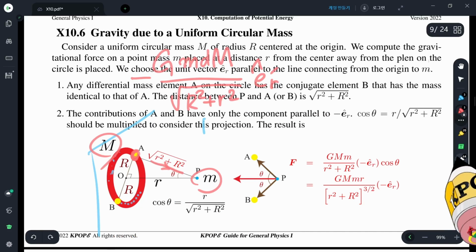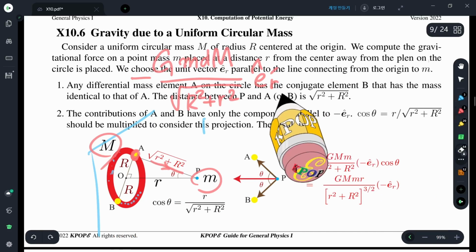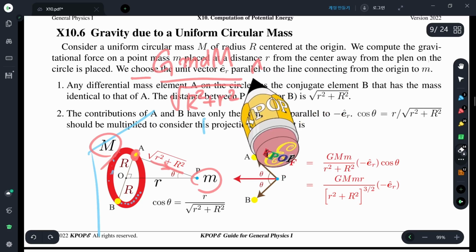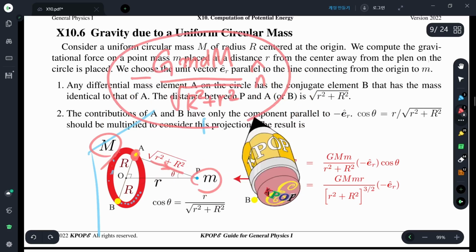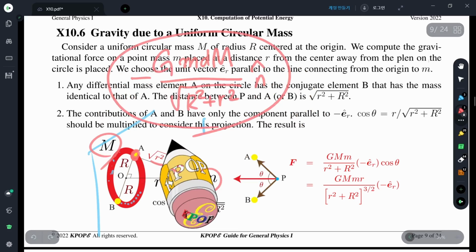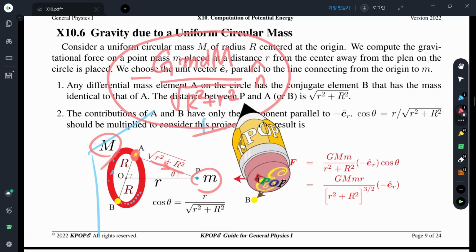Well, why don't we use a different notation? Not e_r prime, but a normal vector with a hat. What I have to do is integrate.